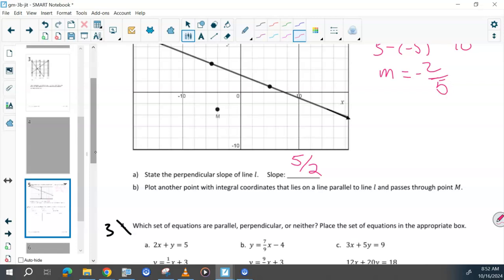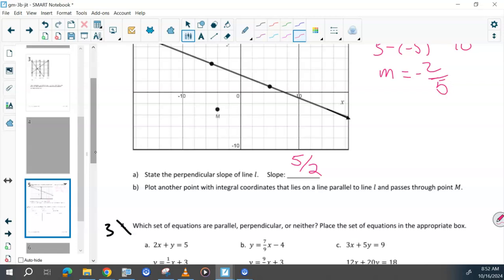Then part B is a little bit more challenging because we have to plot another point that has whole numbers in the ordered pair that would lie on a line that's parallel to the given line, but that would go through M. So if it's parallel, it's going to have the same slope. So I'm going to plot a bunch of points.